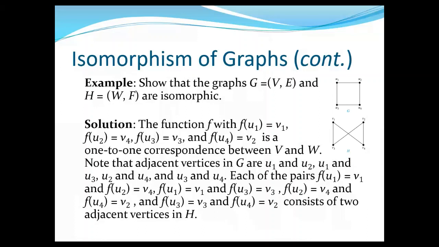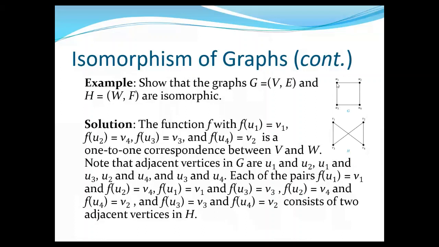Now let's check which vertices are equivalent between these two graphs. Let's suppose U1 is the same as V1. So the properties of U1 should be the same as V1. U1 has 2 adjacent vertices, U2 and U3.